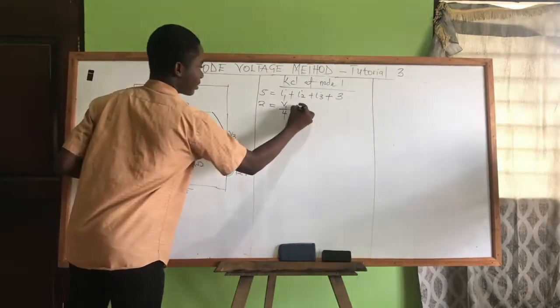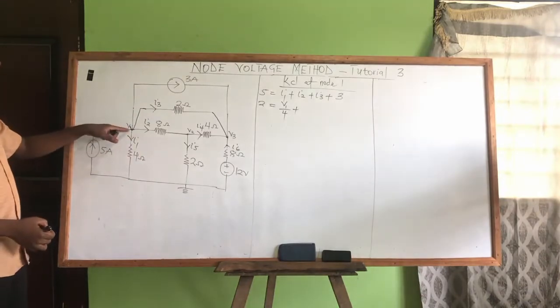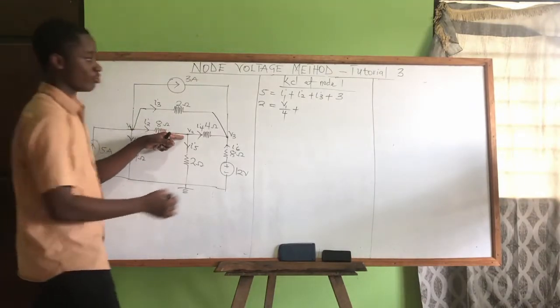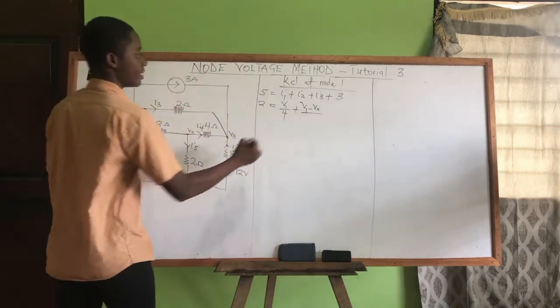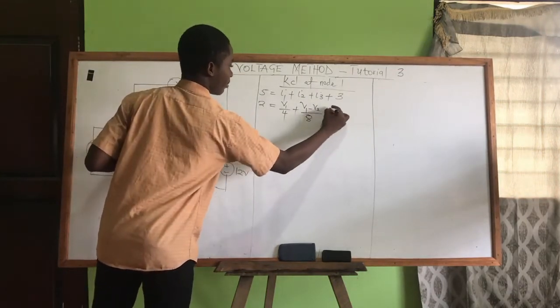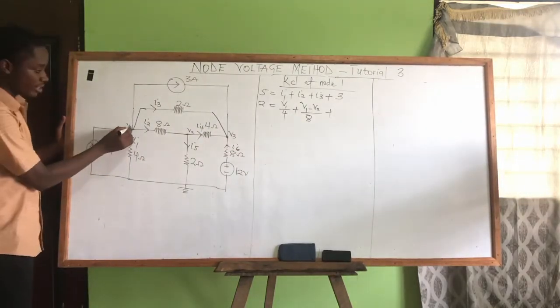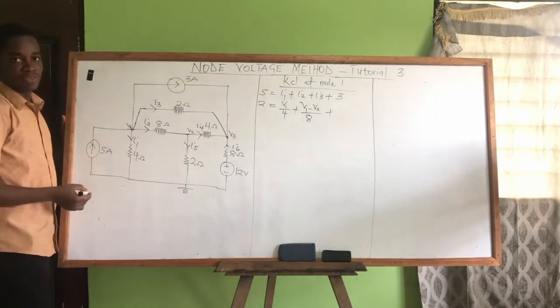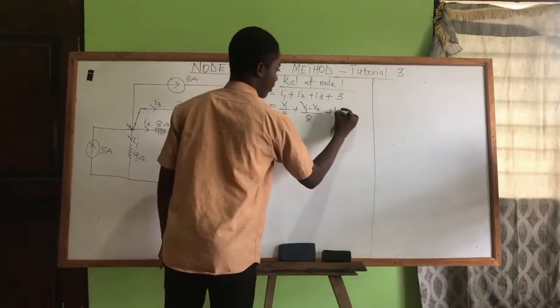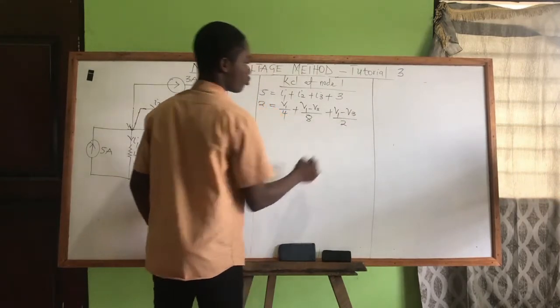Then plus I2. I2 is starting from V1 to V2. So V1 minus V2 over resistor 8. Plus I3. I3 is starting from node V1, moving all the way to node V3. So I have V1 minus V3 over resistor 2.